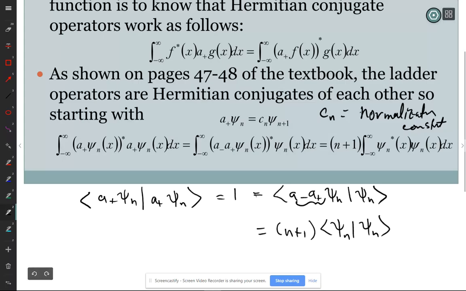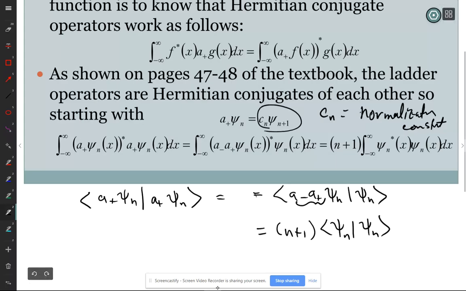And so this isn't actually a perfectly correct equation because if you look, actually, yeah, if I just erase that equals 1, then I'm correct. And the A plus psi n, it says here, should give me C sub n times psi n plus 1.